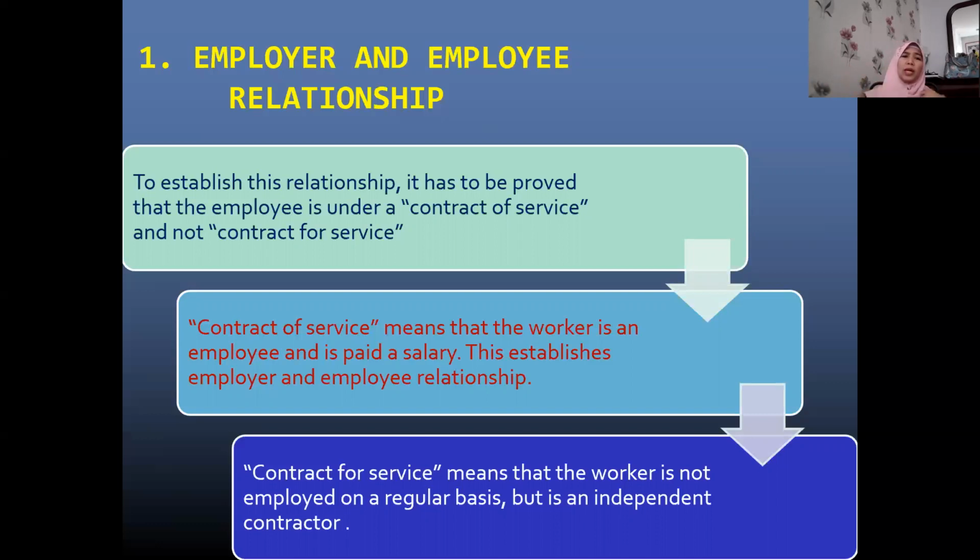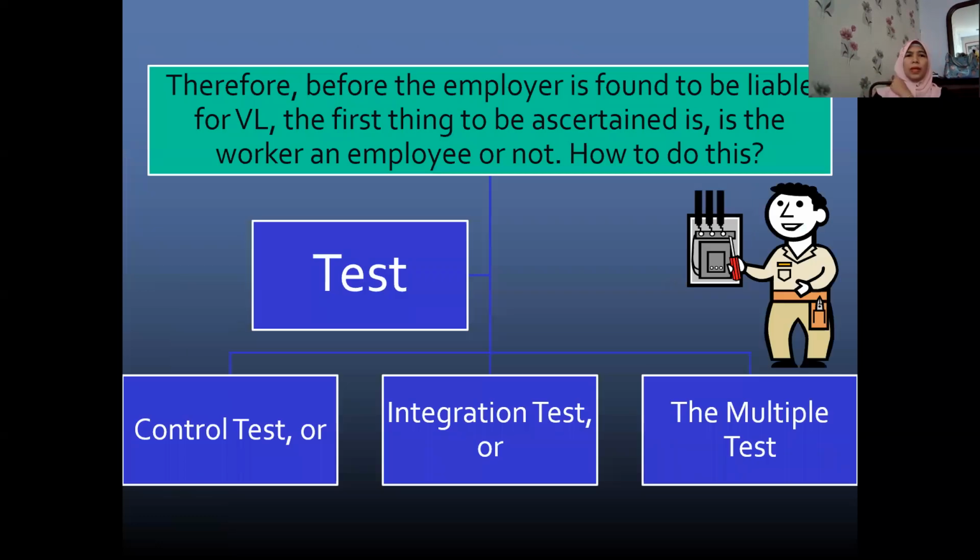So whatever contract between employer and employee here, it is contract for service rather than contract of service. So how do we know whether this one is contract for service or contract of service? We must prove that there exists contract of service rather than contract for service. There we have three tests actually to be used.